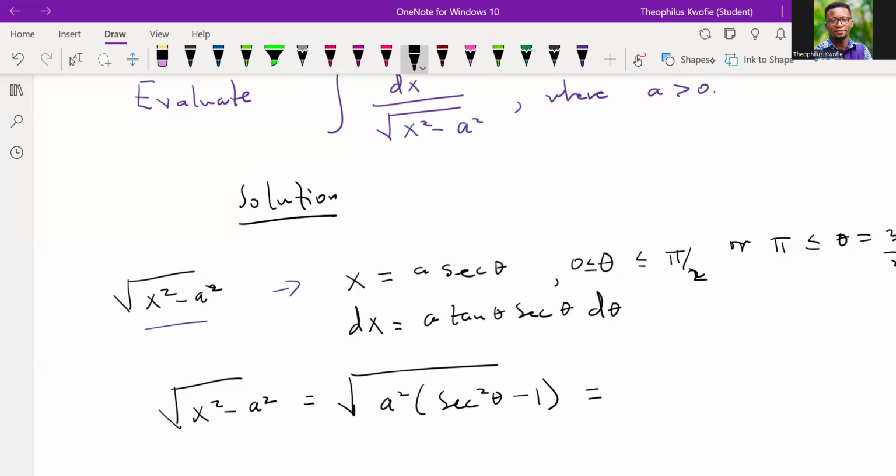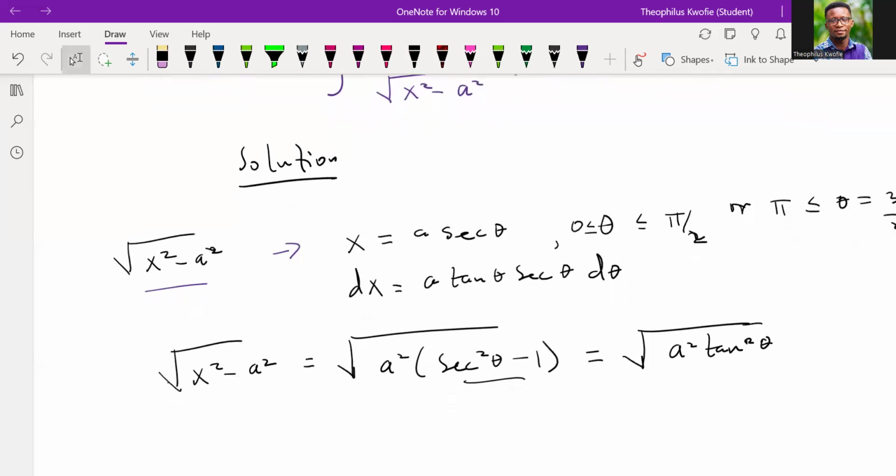And when we simplify, we should have a squared tan squared theta. Okay, remember, this is an identity that we learned earlier on. In previous episodes, we saw quite a number of examples where we looked at other interesting things that we can use to solve problems. So you may want to revisit them. Okay, very important.